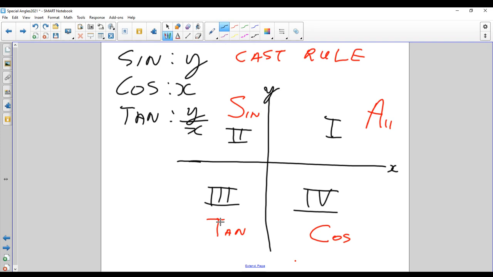First quadrant. Okay? Over here, I'm on the positive side of the y, but I'm on the negative side of the x. So my sine is going to be positive, because I'm on the positive side of y. My cosine is going to be negative. I'm on the negative side of the x. And my tan is also going to be negative because I'm dividing a positive by a negative. Okay? So far, so good?